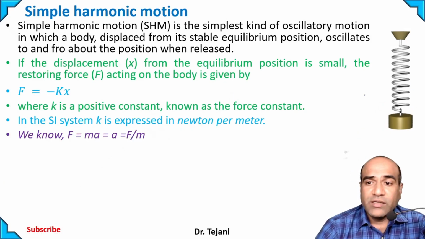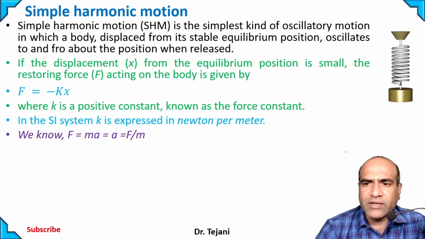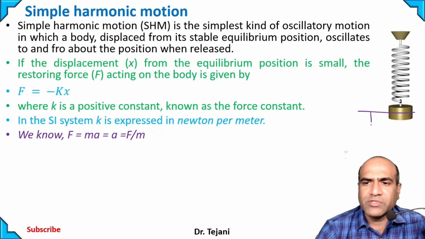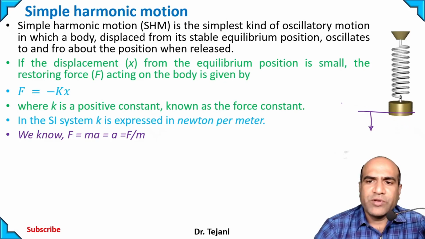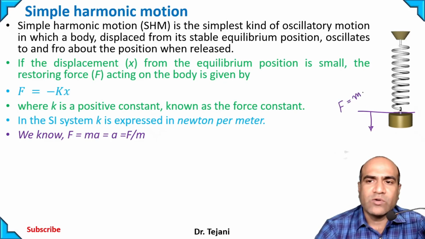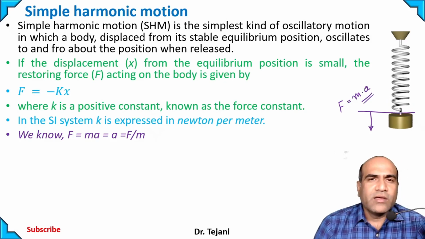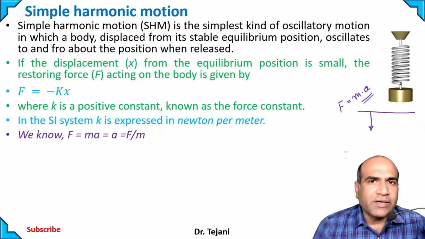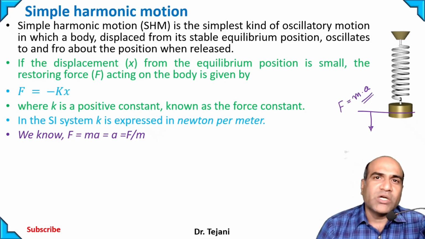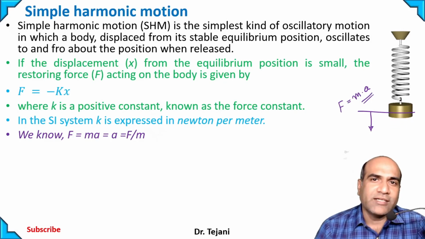Now see, if the body is moving in the downward direction from the center position, we know that the force required to move any body, as per Newton's second law, is equal to mass multiplied by acceleration. The rate of change of momentum is directly proportional to the applied force, and its effect is in the same direction as the force.